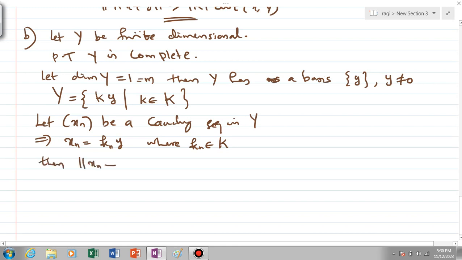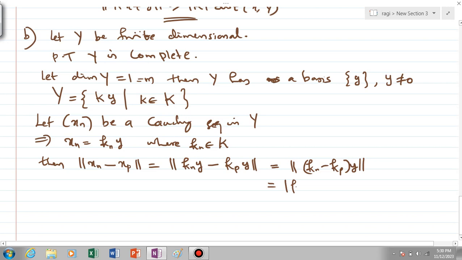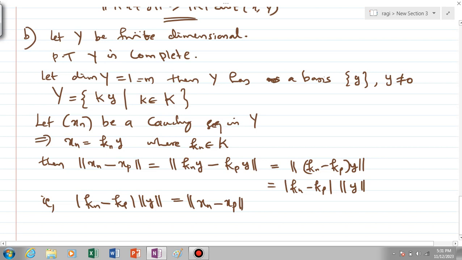Then the norm of x_n minus x_p is equal to the norm of k_n y minus k_p y. This is equal to the norm of (k_n minus k_p) y. This is equal to the modulus of k_n minus k_p times the norm of y. That is, the modulus of k_n minus k_p times the norm of y is equal to the norm of x_n minus x_p, right?